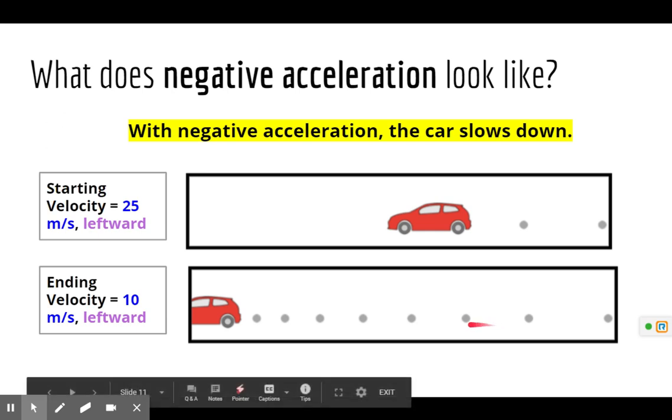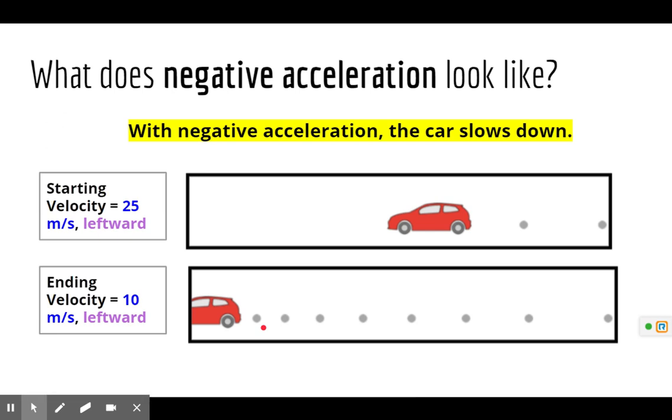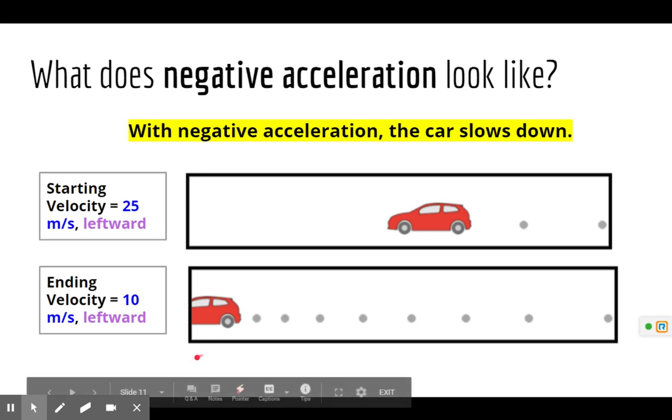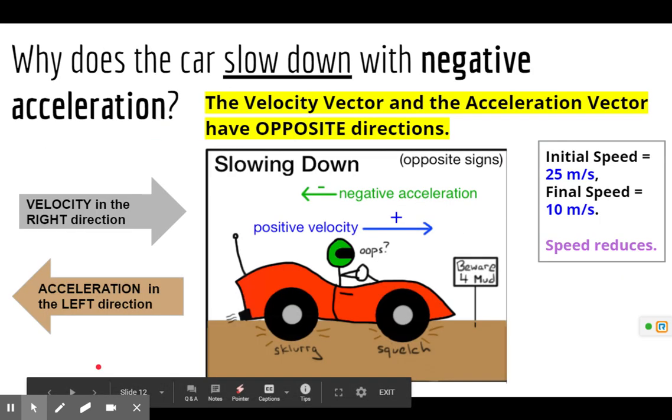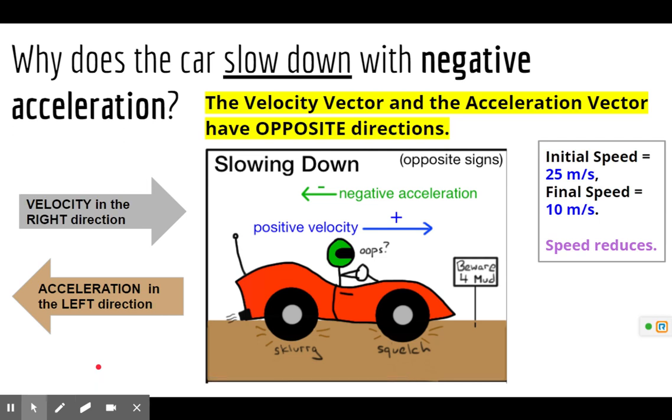With a reduced speed, there is less distance between the gray dots because at a reduced speed, you cover less distance in the unit of time. Why does the car slow down with negative acceleration?